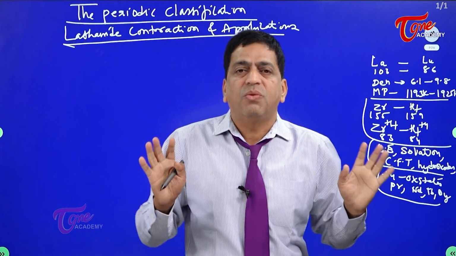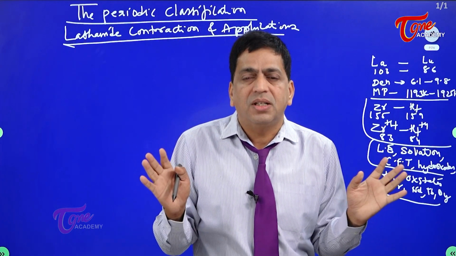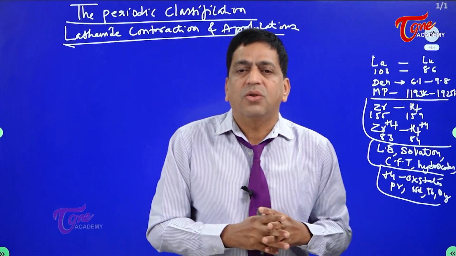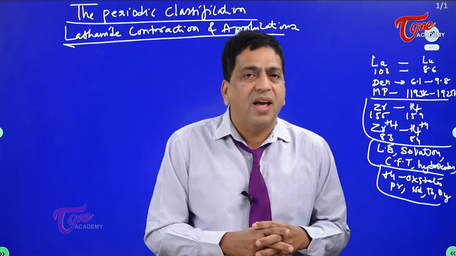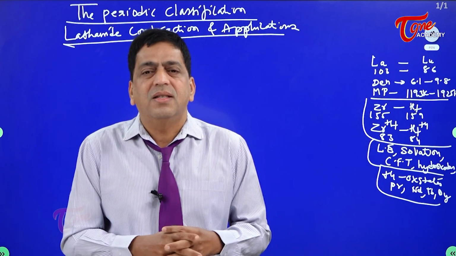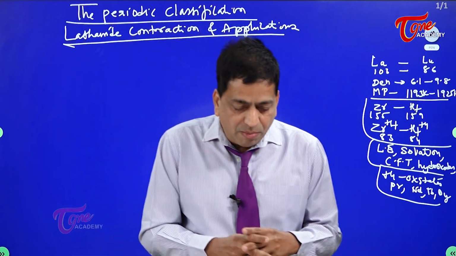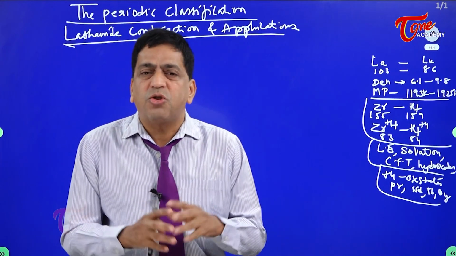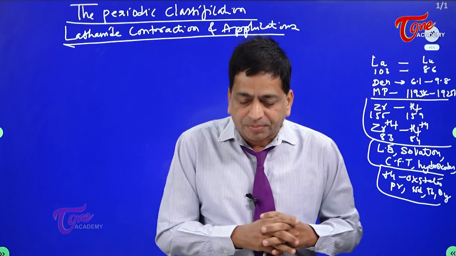The second one which we were discussing is electropositivity, which is a periodic property. It's also a function of size. And then we discussed electronegativity, electron affinity, and ionization potential, and one major factor which influences this ionization potential was shielding effect or screening effect.